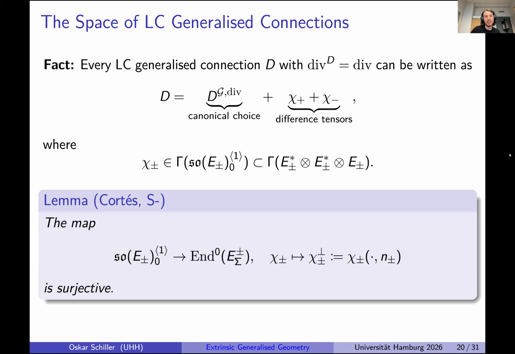And what we prove, which will be relevant in a moment, is a small lemma: by insertion of the normal vectors n plus minus into such a difference tensor, you can obtain any trace-free endomorphism over E sigma plus minus, over these plus minus one eigenbundles of the generalized metric in the Courant algebroid over sigma. So this map that I've written down there is a surjective map.